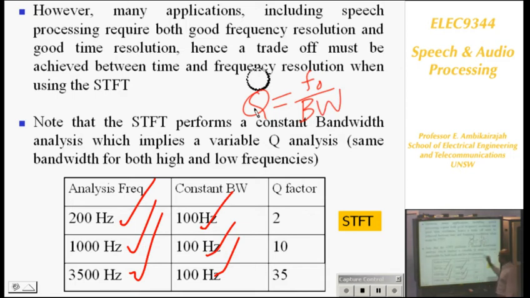So in this case, constant bandwidth, remember? So variable Q in short time Fourier transform, the Q is varying. You have probably come across the Q factor in resonance, like in an electrical resonance circuit. If you've got a very high Q, it's going to resonate very sharply. That means it can produce very high amplitude. Okay.